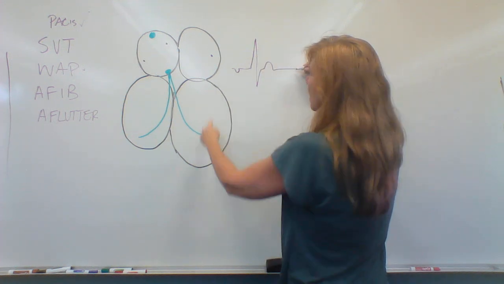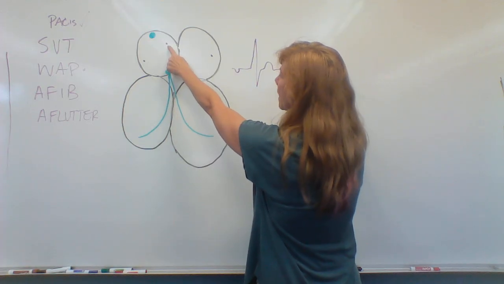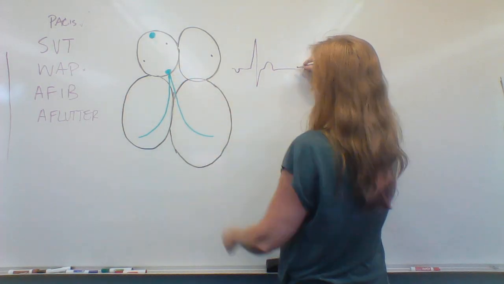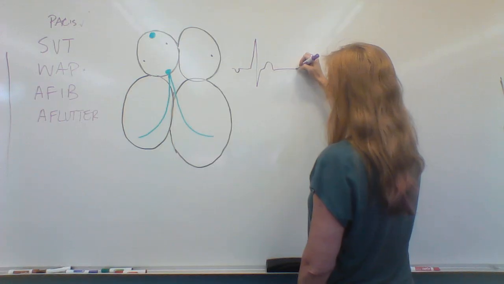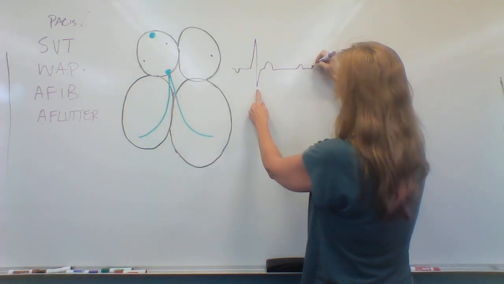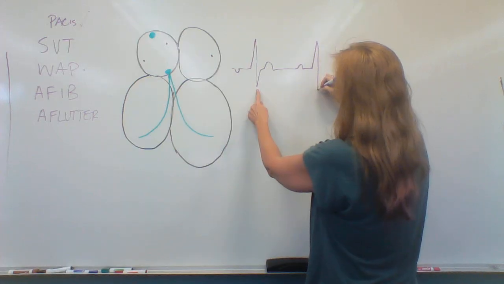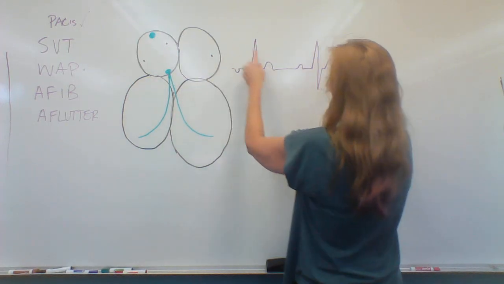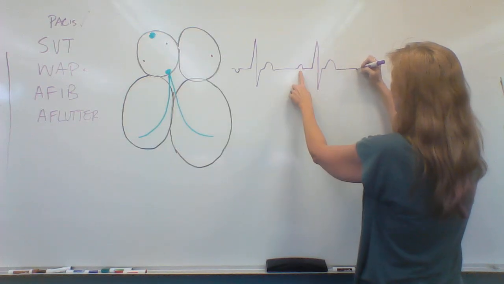Okay. And then this one goes next, and it's pretty close to the sinus node, so it makes a pretty normal looking P. And you get the same exact QRS because it follows the same bundle branch system. And then it makes another one, so you get the same exact beat next time.